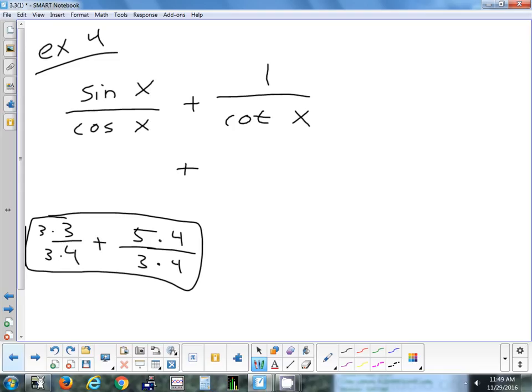Like in this case, it was a 4 and a 3, and everybody said 12. Well, here it's a cosine and a cotangent. So the common denominator is cosine times cotangent. Now, if that was a number like 4 times 3, I would multiply it together and write something. I can't. That's all I can do.